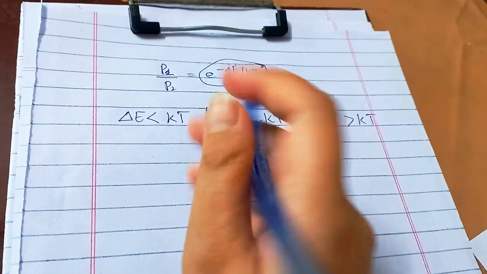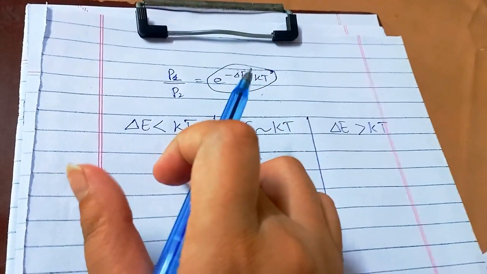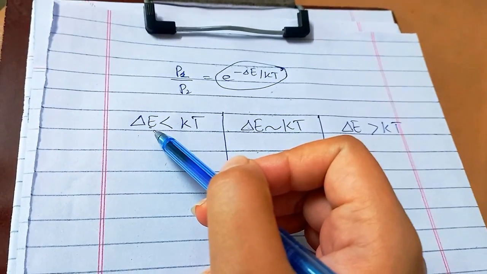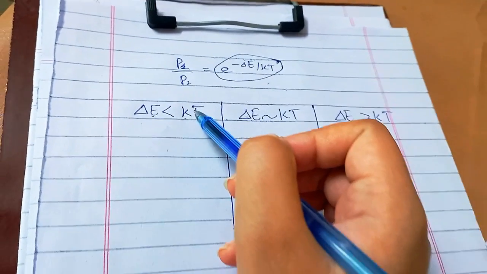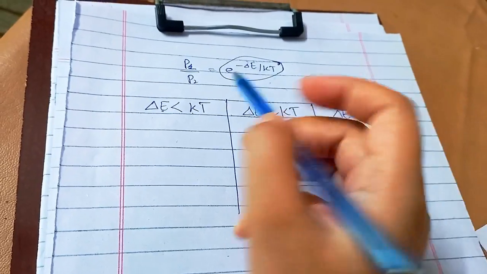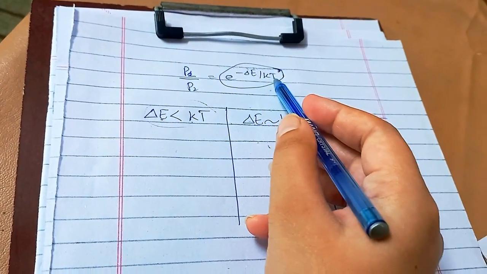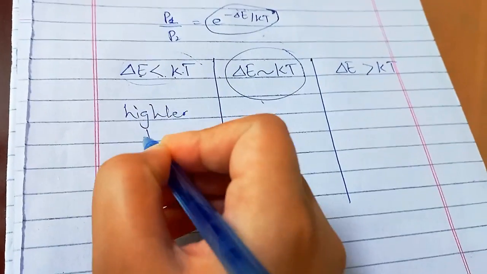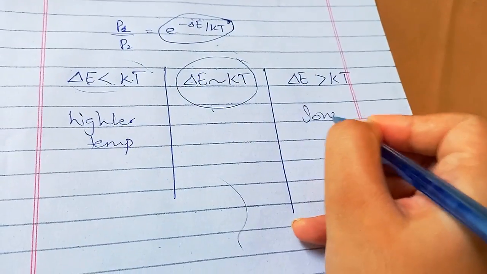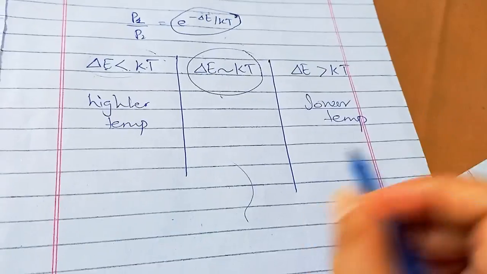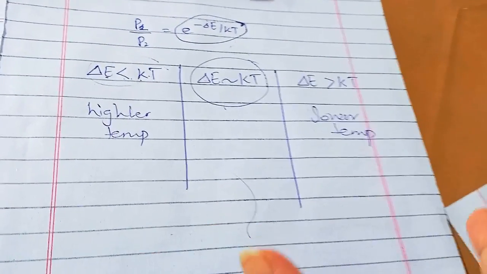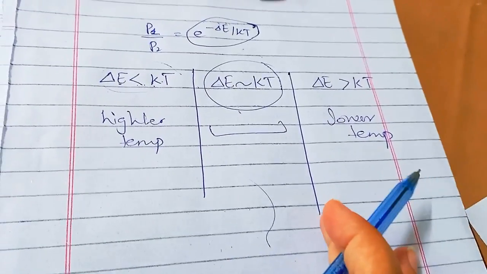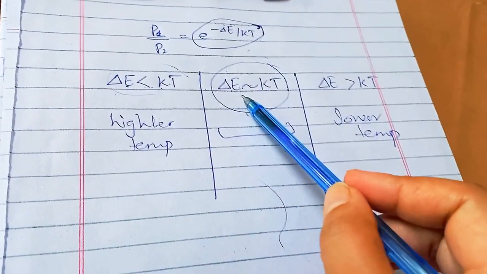Since T is changing, none of the other things are changing. Delta E will remain the same for a given system. k is a constant, will remain the same, but temperature is changing. As the temperature is changing, this factor delta E by kT changes, and this is the higher temperature region, this is the lower temperature region, and this will be the transitioning point because it's in the center.